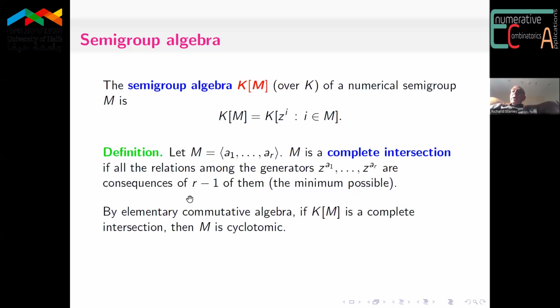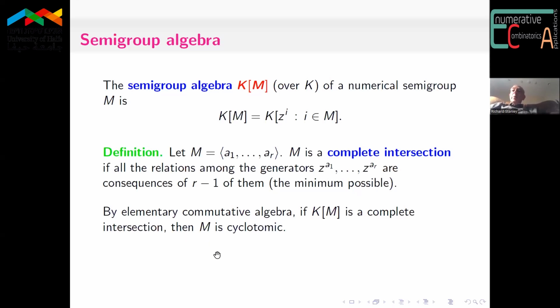By elementary commutative algebra, if we have a complete intersection, in a more general situation, the Hilbert series will be a product of 1 minus x to the AIs, and therefore, if K of M is a complete intersection, M is cyclotomic.